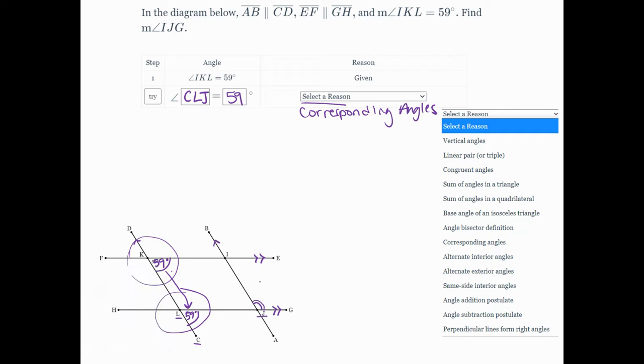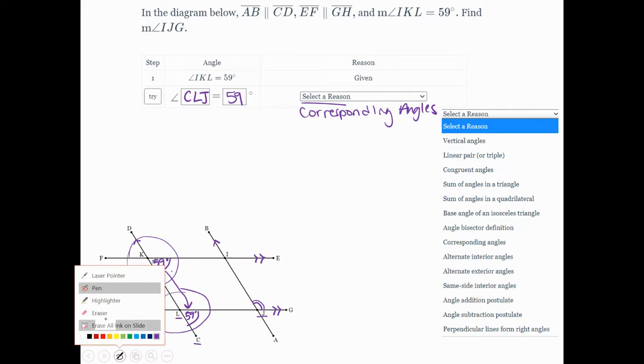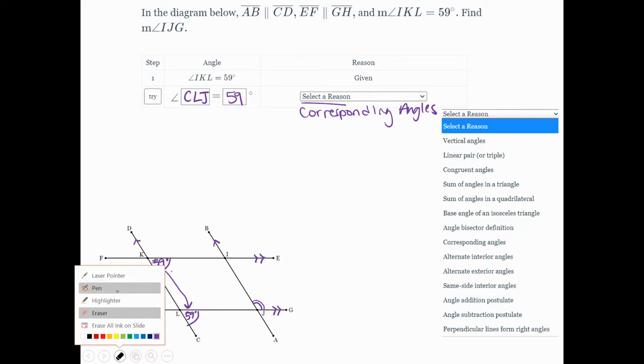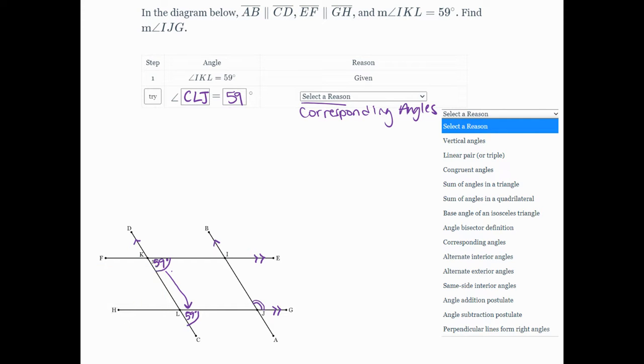So then I'm still trying to get over to the angle I have marked with two arc marks. Let me erase some of these extra marks. I'm going to switch colors here as well, so let's do orange and purple.